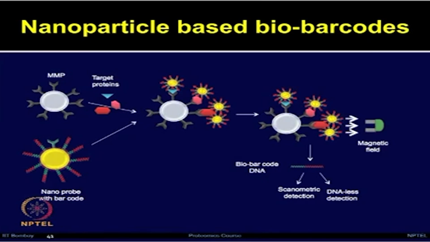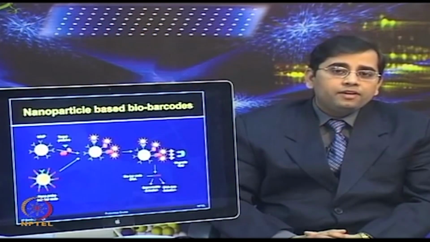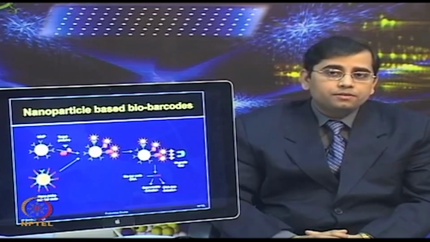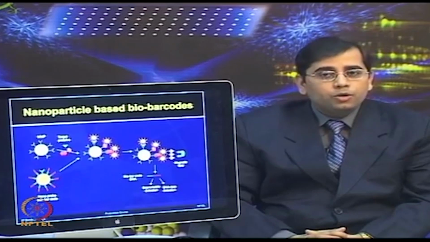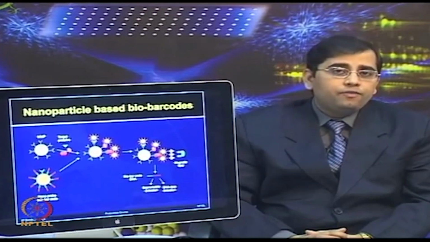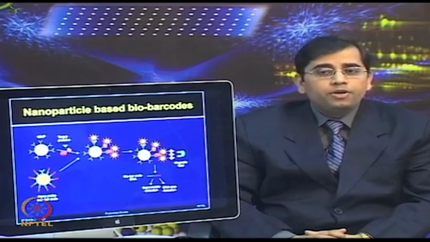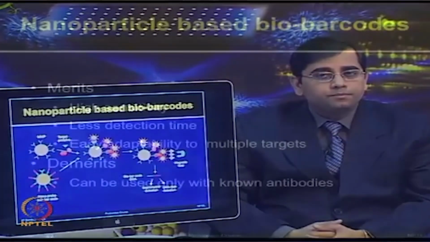The nanoparticle based biobarcodes have increased the detection limits down to the attomolar range. The liberated oligonucleotide barcodes can be identified on a microarray surface by scannometric detection as well as by using conventional fluorophores.